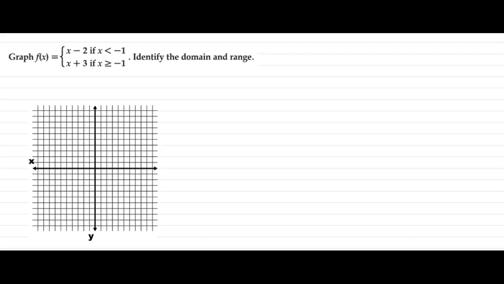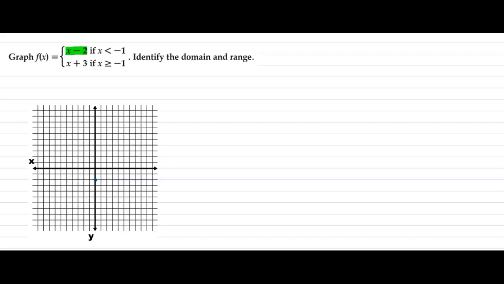So in order to graph this, I'm going to actually have two pieces of lines. We're going to start with the first line right here. And I'm just going to graph this line like we always do. We begin with b and we move m, which is our slope of 1x.